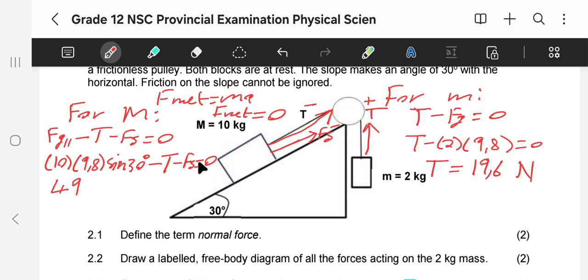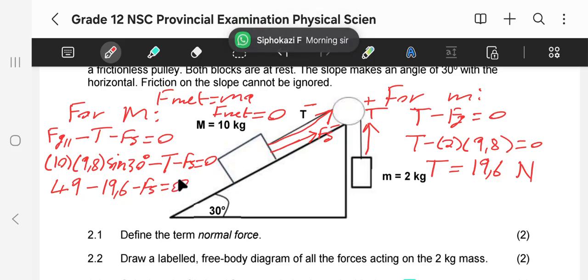I hope that's what you got as well. And then I'll say minus T. T is this tension. So I already know my tension. I found it from this second equation. And that means my tension in this case is going to be 19,6 minus Fs. All of this will be equal to 0.